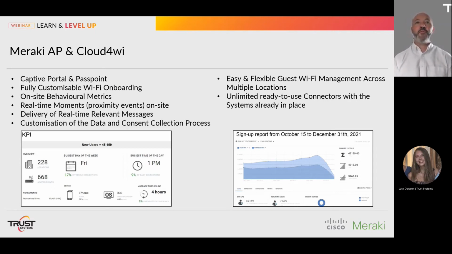You can look at the busiest times of day, the types of phones and individuals that are connecting to your network, which really is a fantastic additional overlay to not only that guest insight that you'll get from the customizable portal, but also that insight you can use to drive operational improvements, to make sure that you've got the right people in the buildings to support the customer engagement, to make sure the tills are available, to make sure that you've got the right number of floor walkers to facilitate the customers that are coming through.